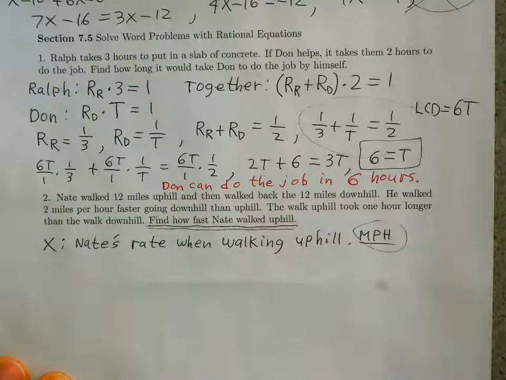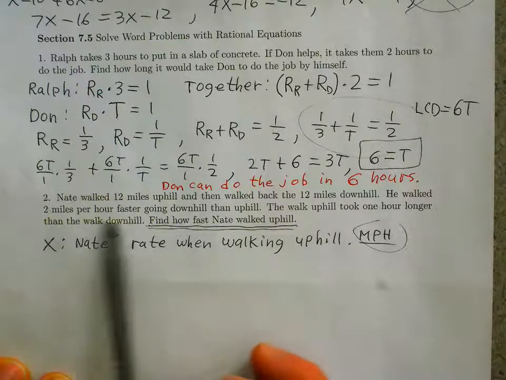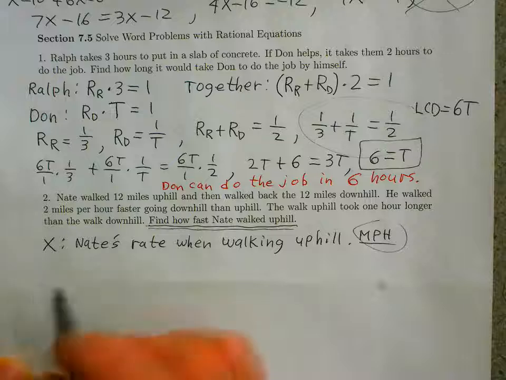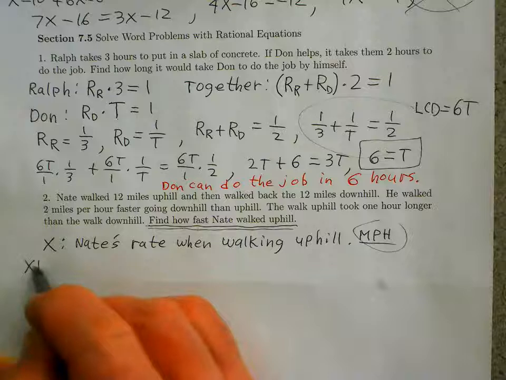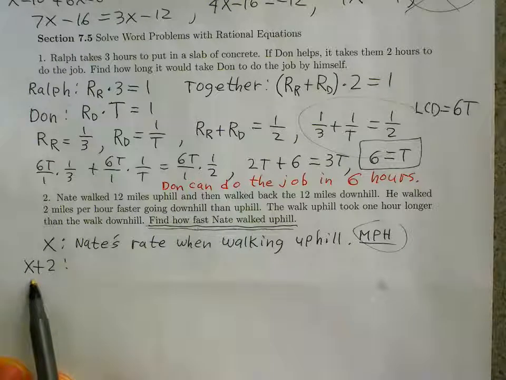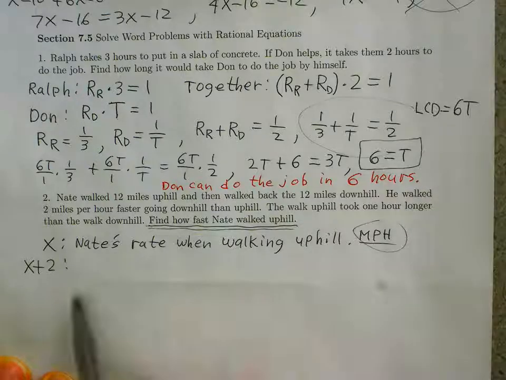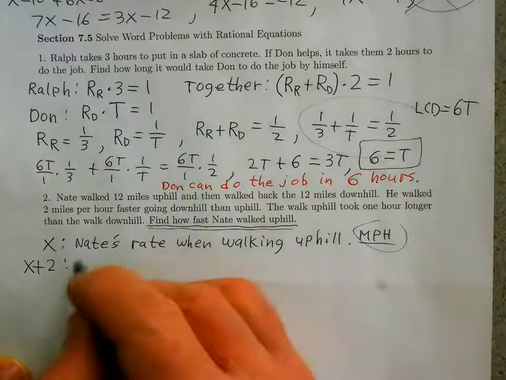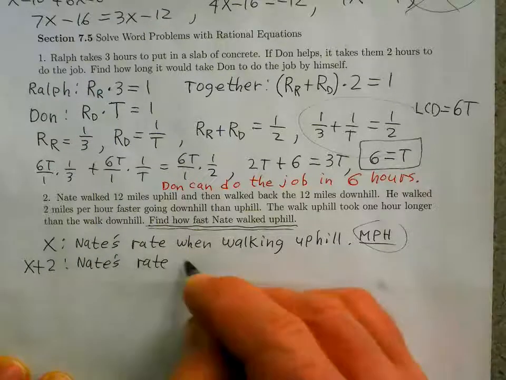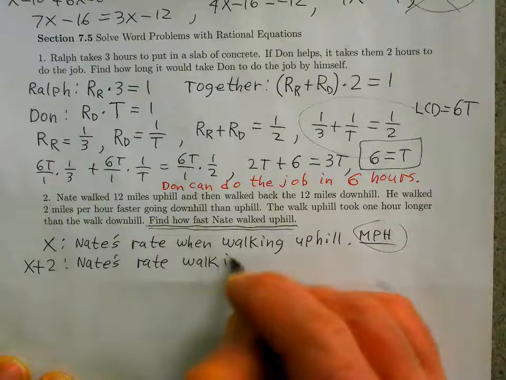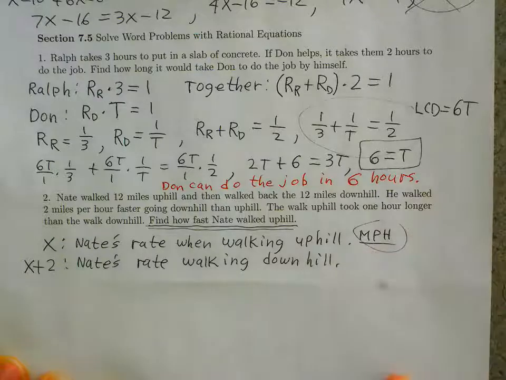X plus 2 miles per hour. If he's going X miles per hour uphill and he's walking 2 miles per hour faster going downhill, then X plus 2 represents Nate's rate walking downhill, in miles per hour.